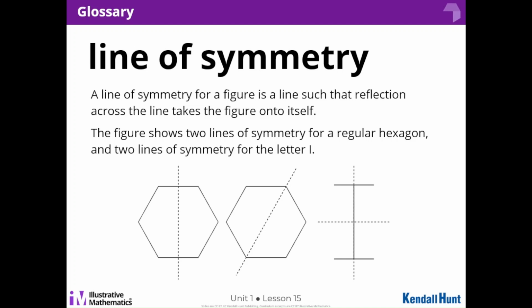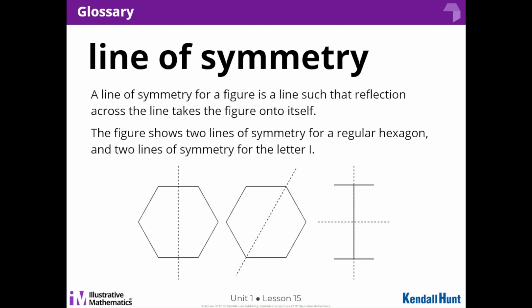In the middle, we have this diagonal line from one corner to another corner. Again, if I folded that in half along that dashed line, then the two sides would match each other. And then again, we have this I shape, and we could fold it from top down in half and it would match.